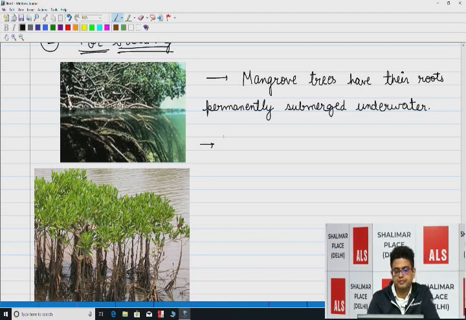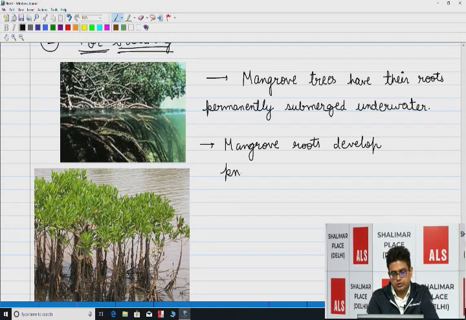Please write. Mangrove roots develop pneumatophores. The name of this root is pneumatophore.